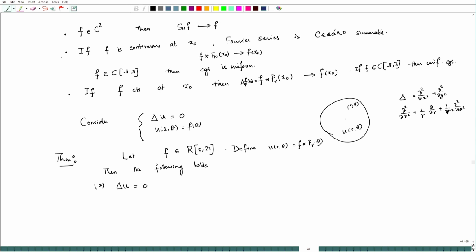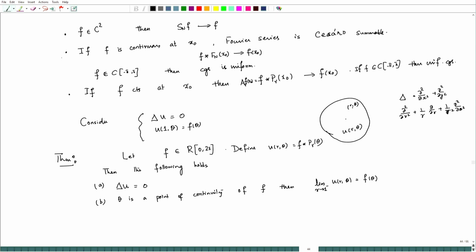So, del u is equal to 0. (b) If theta is a point of continuity of f, then the limit as r goes to 1, coming from inside, of u of r theta is equal to f of theta.